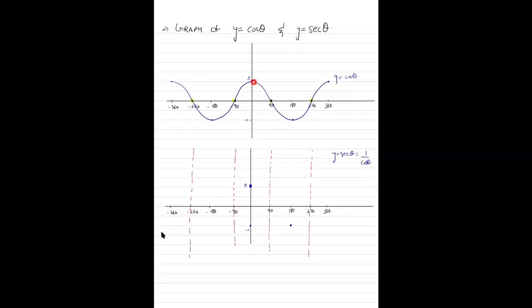Now, what is happening to the cos theta function after this point? Is it decreasing or increasing? Decreasing. So secant theta is going to increase. Same goes till here. Over here it is minus 1. It is increasing, so in secant theta, it is going to decrease.